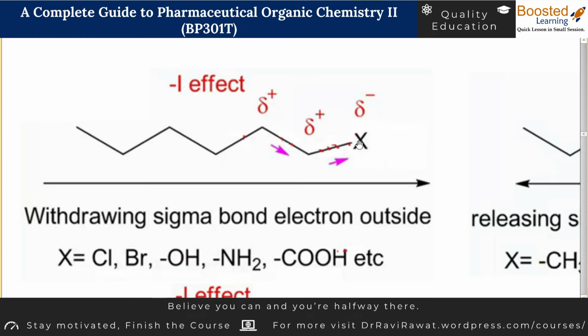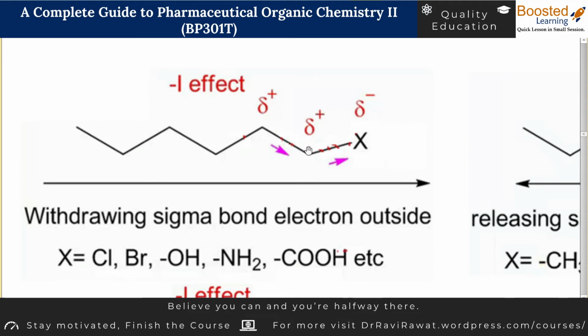I hope it is clear to you. Now this electropositive carbon is going to pull the electron density from the next carbon. So this carbon will also become partial positive. The effect will continue through the whole molecule, and its magnitude will get reduced as we move far from this particular atom. So the farther we go, this effect will fade away.